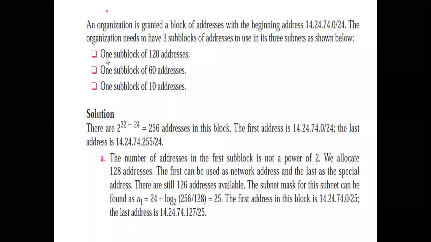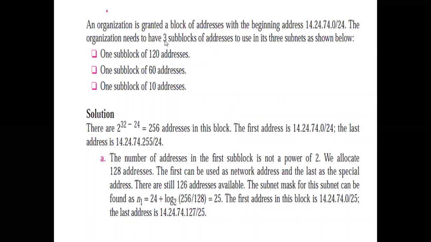Start with the first case, one sub-block of 120 addresses. The number of addresses in the first sub-block is 120, which is not a power of 2. These 3 sub-blocks are also not powers of 2.